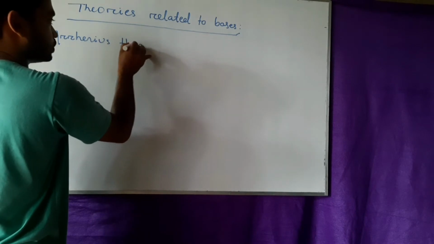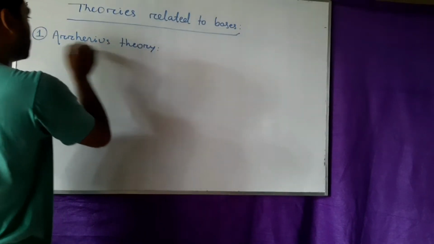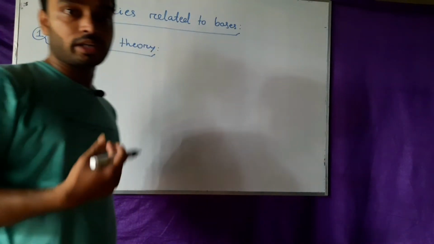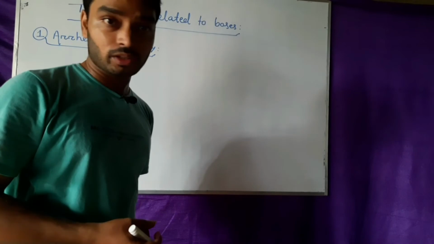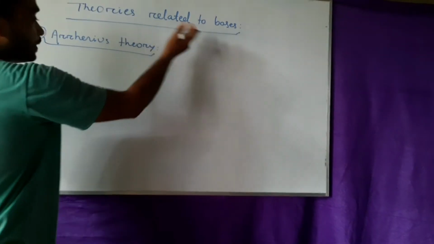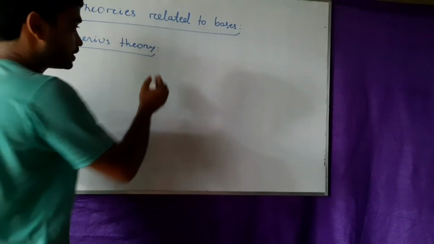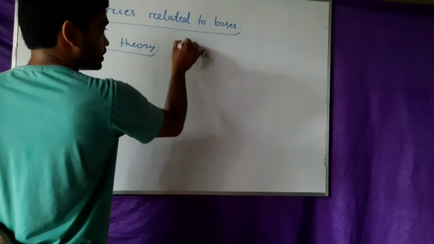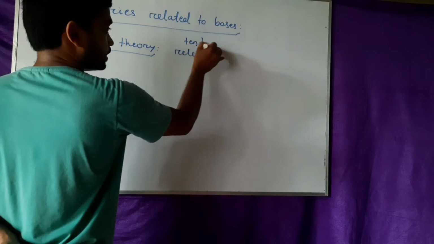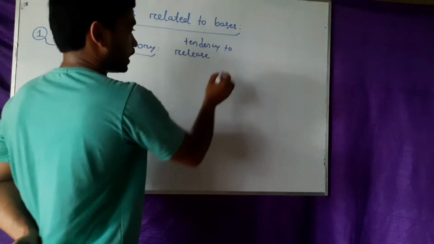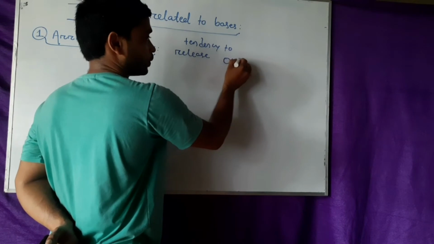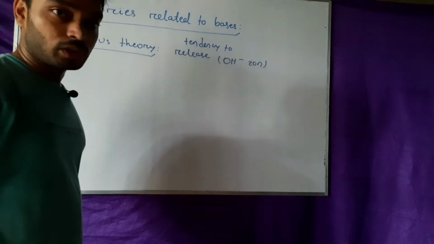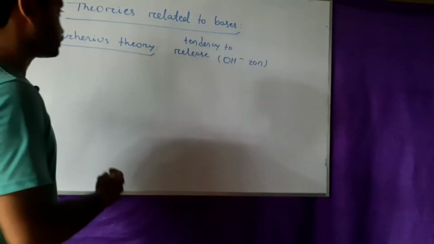According to this theory, as I told in the previous class, acids are the substances which have a tendency to release H plus ion in aqueous medium or in presence of water. Similarly, bases are the substances which have a tendency to release hydroxide ion, that is OH minus ion, in presence of water or in polar solvent medium.